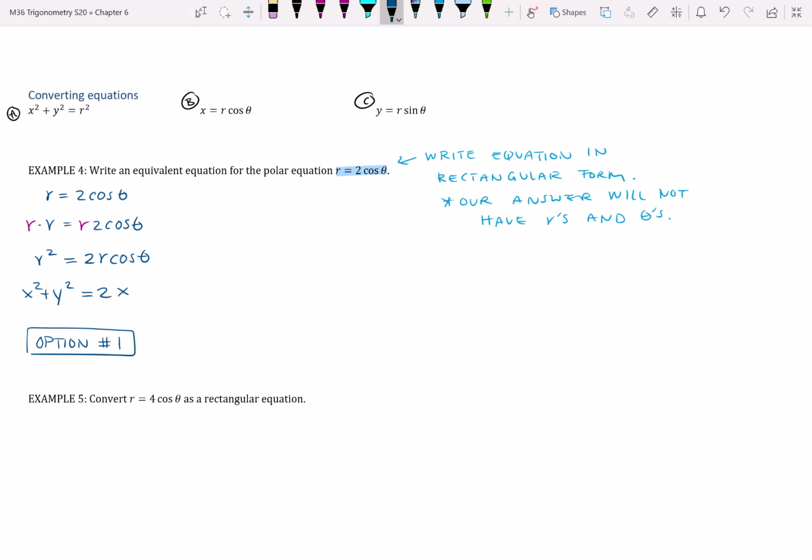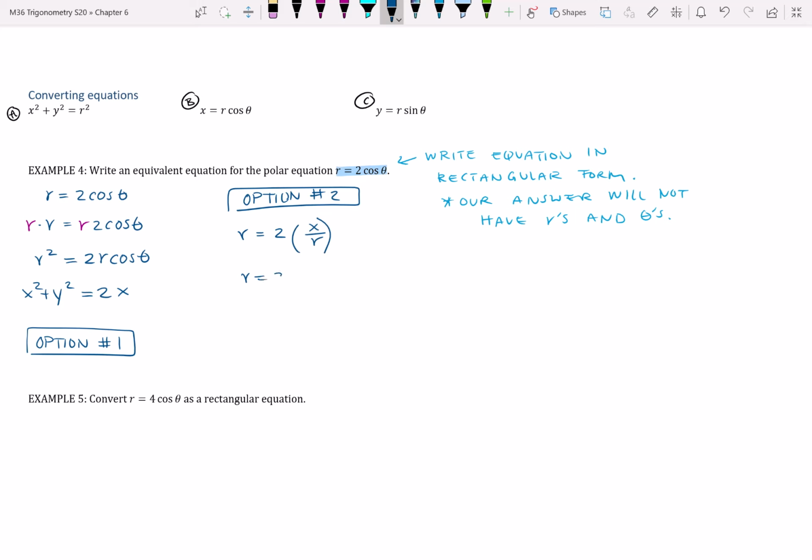The second option, which my students have done in the past and which I think is really clever, is this: we know that cosine of theta is x over r. So we have r is equal to 2x over r.